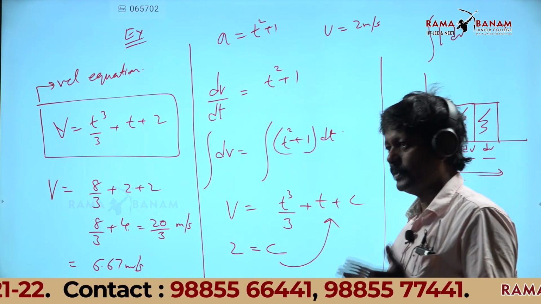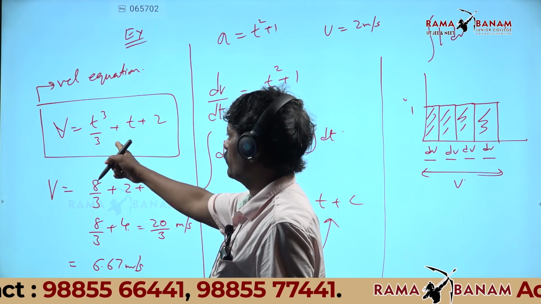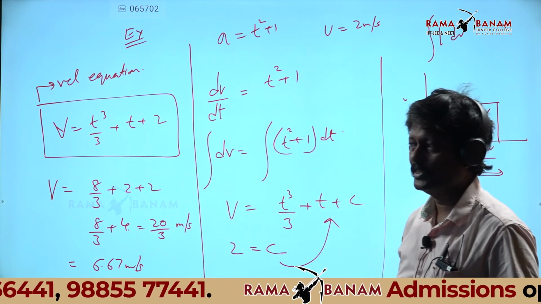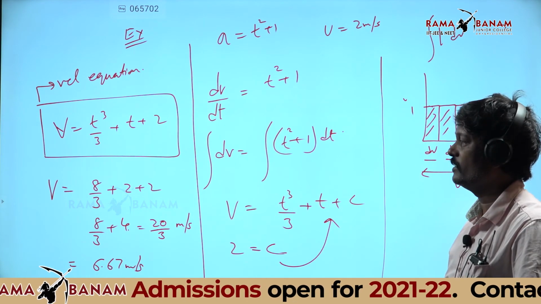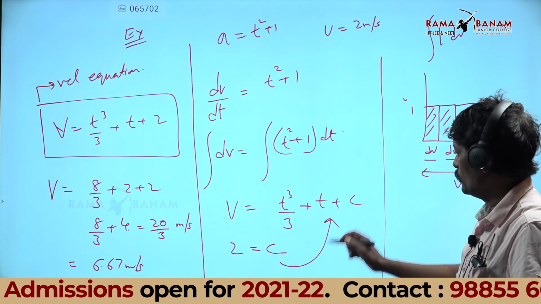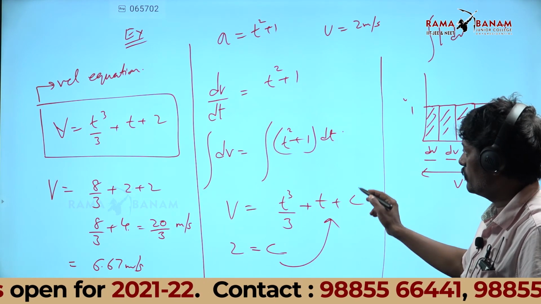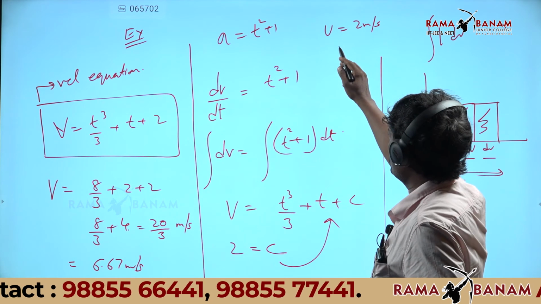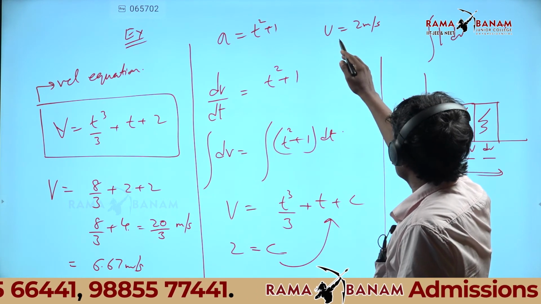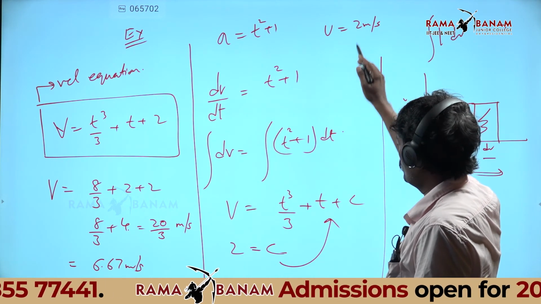v is the velocity of the particle. And you understood that the velocity of the particle is not constant. It is a time dependent equation. You have to get the value of c from the initial conditions given. What is the initial condition? At t equal to 0, u is 2.